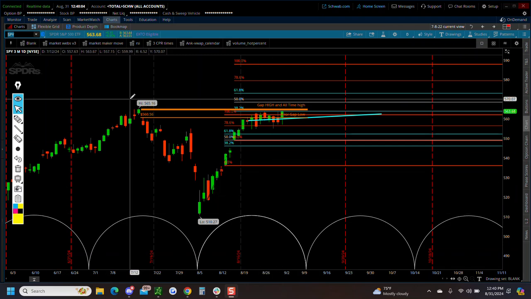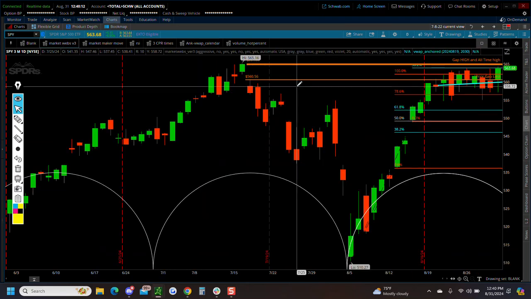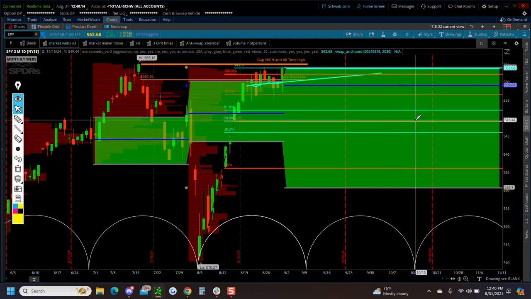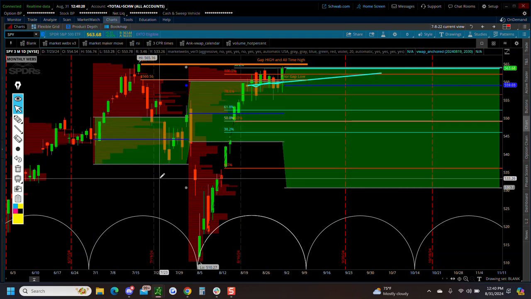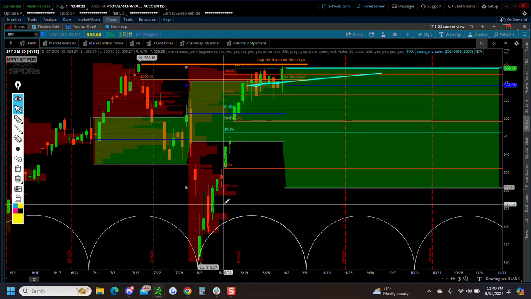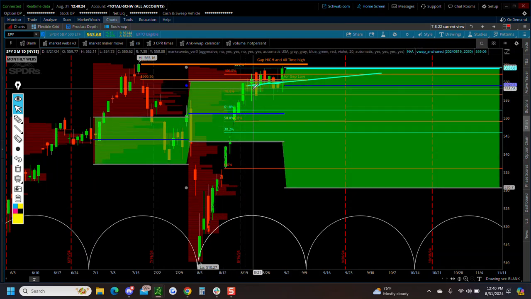So basically, if you go up here to the market maker moves, okay, or no, the market webs. There you go, volume profile. This is currently on the daily. So basically, on this layout here, I got two studies. I got the market web study, and I also have the anchored VWAP based off of last Monday's opening print.